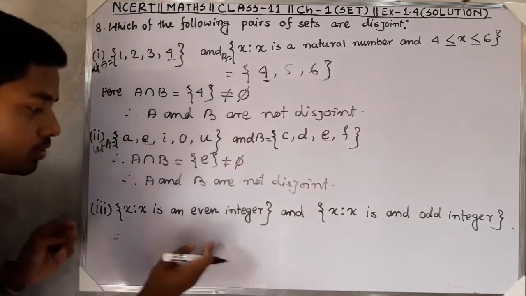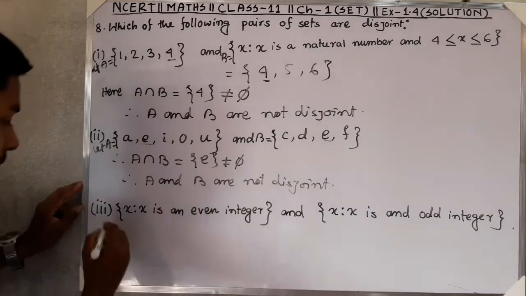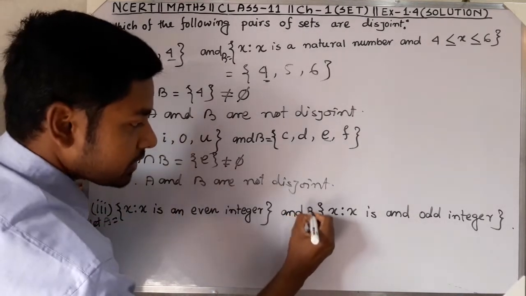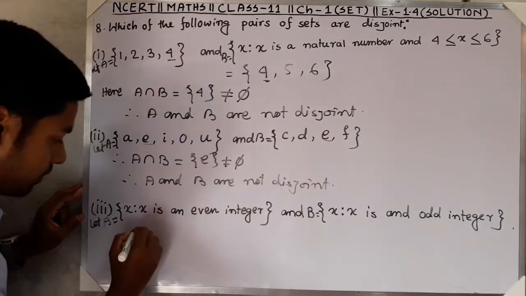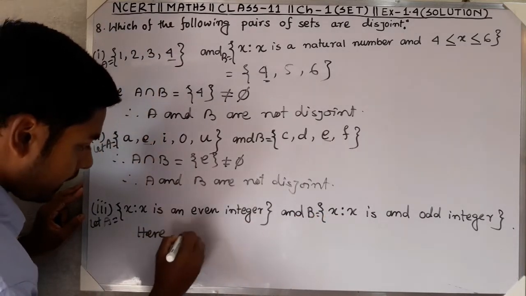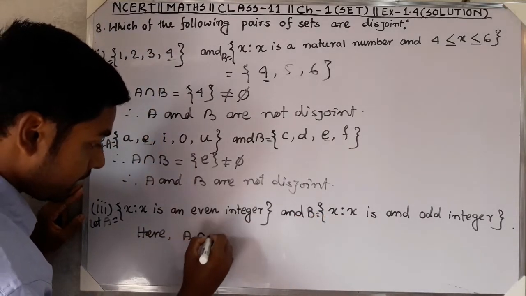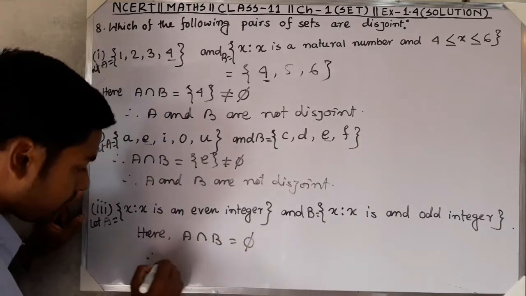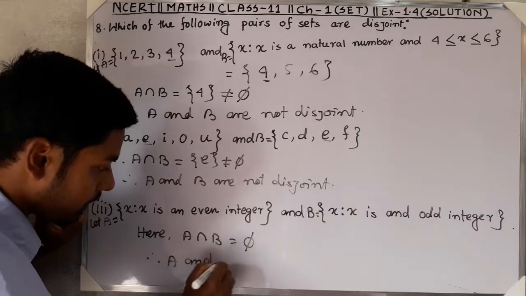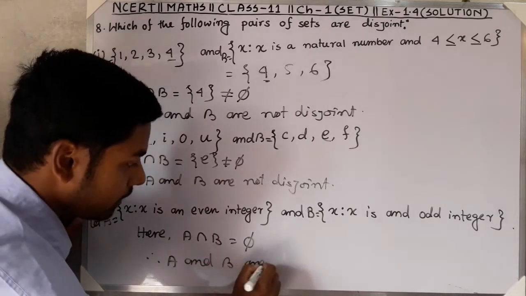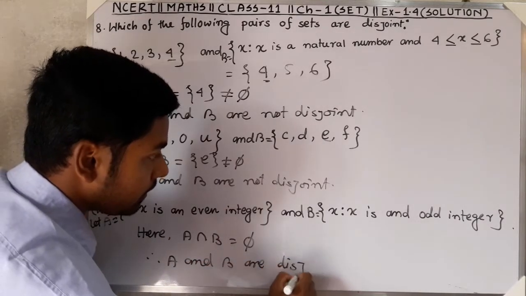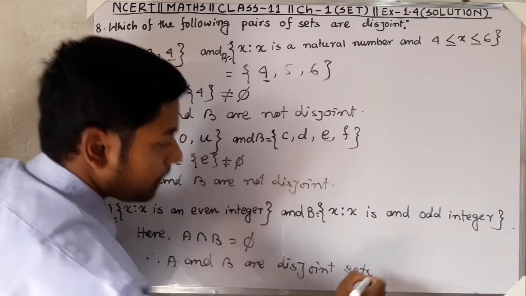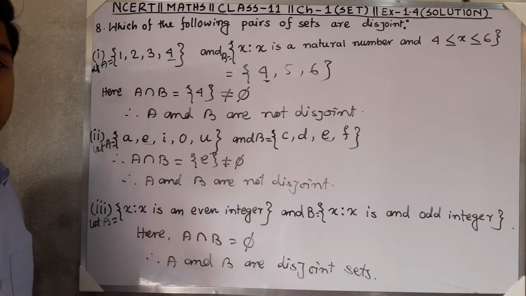So there is no common element, that means let A be this set and B be this set. Therefore A intersection B equals empty set, and that means A and B are disjoint sets. Okay, pause the video to note it down.